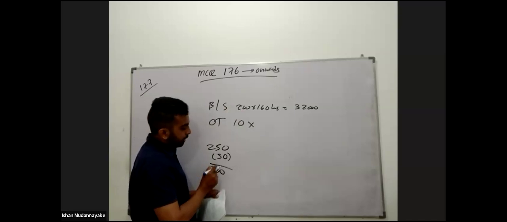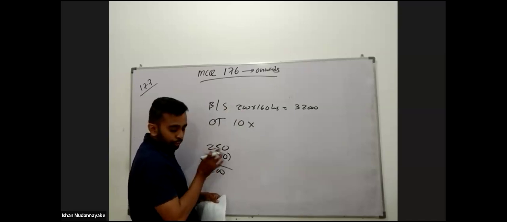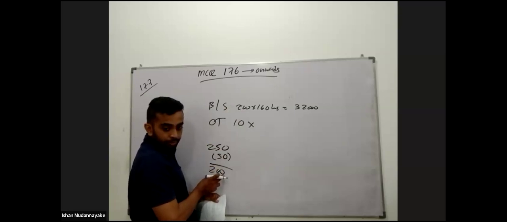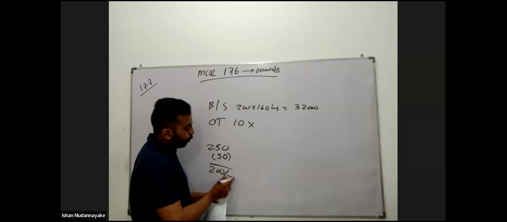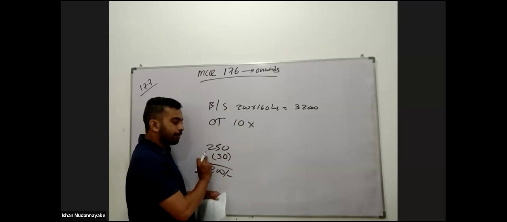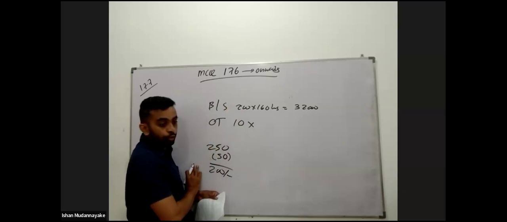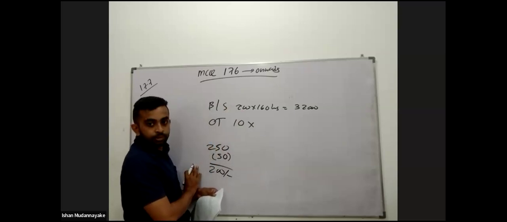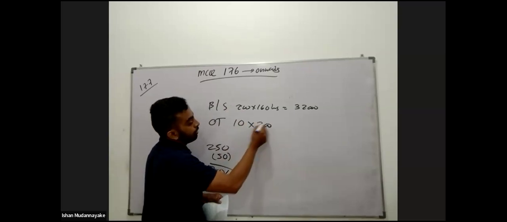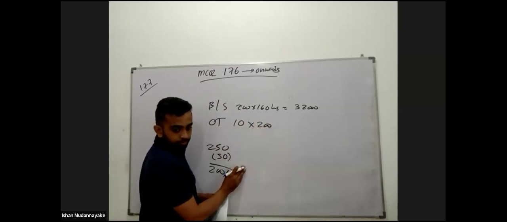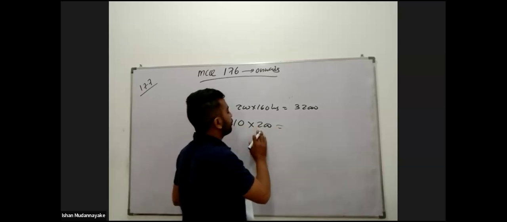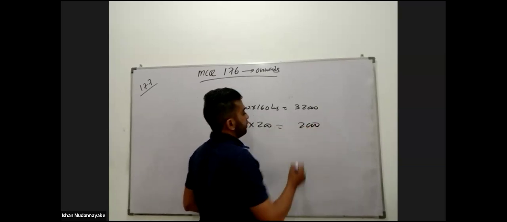You consider 200 rupees overtime payment to direct cost, and the premium payment you need to charge to overhead cost. Then 10 into 200, 2,000.